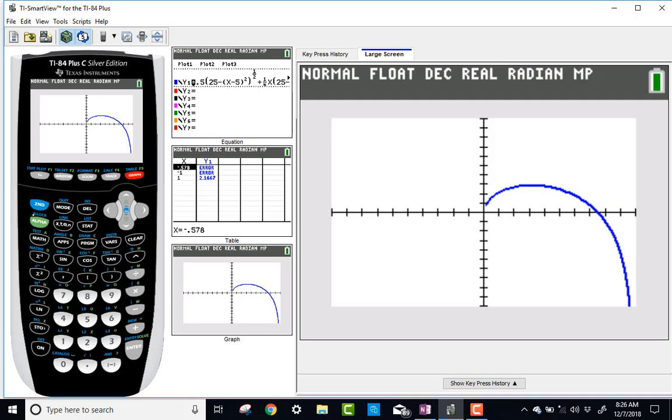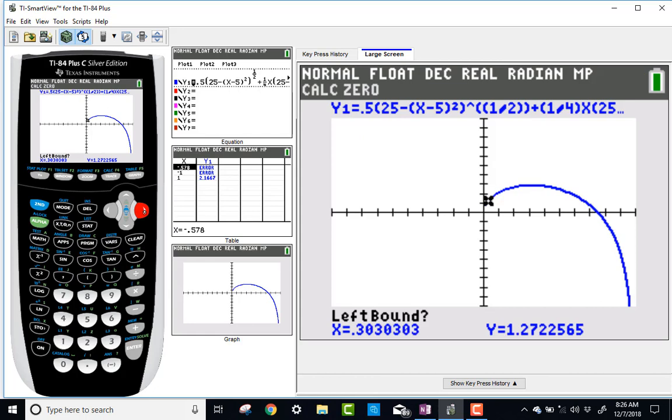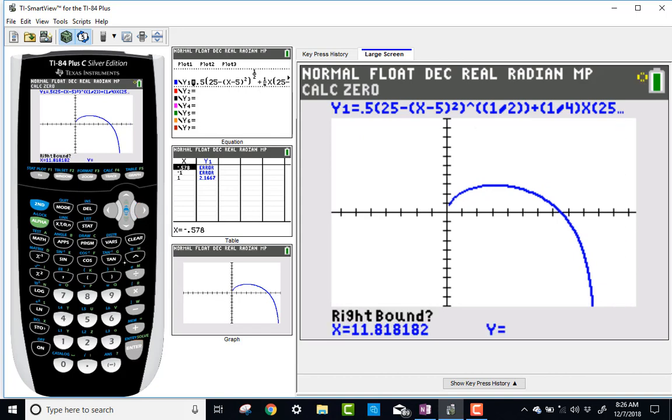So I would go to my second button again. I would hit calculate. I'm going to calculate a 0 value, and then I would scroll over there again, just like we did on the last problem. Alright, so my left bound is going to be right here, my right bound I'm going to put right there. Okay, I think I went a little too far. Okay, I'm going to have to do that again.